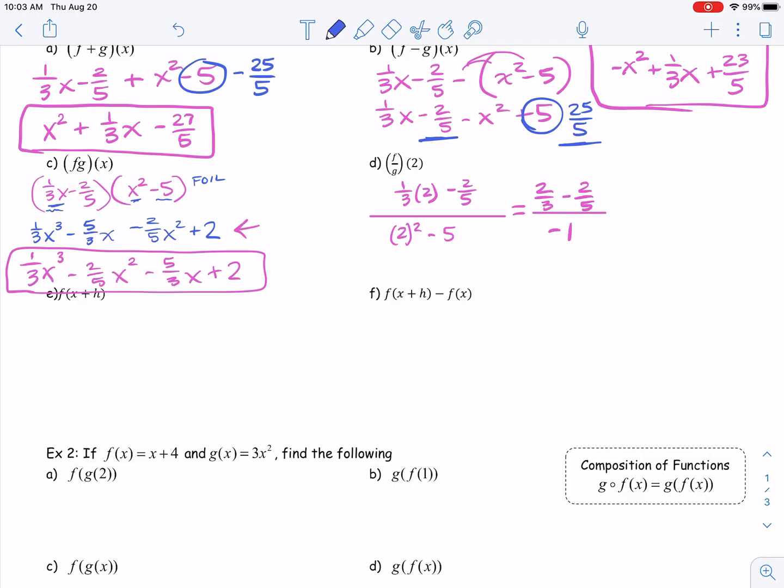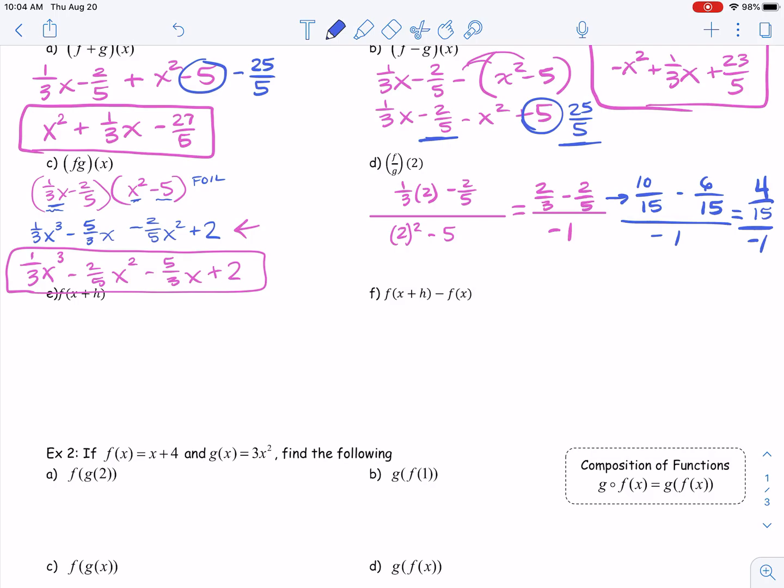So if my common denominator is 15, I'm going to go ahead and rewrite that. That would be multiplying by 5, so that would be a 10. That one would be multiplying by 3, so that would be a 6. And still over that negative 1. And now I can actually combine my numerator. 10 over 15 minus 6 over 15 is giving me 4 over 15 divided by a negative 1.